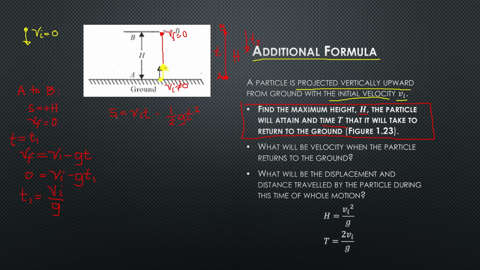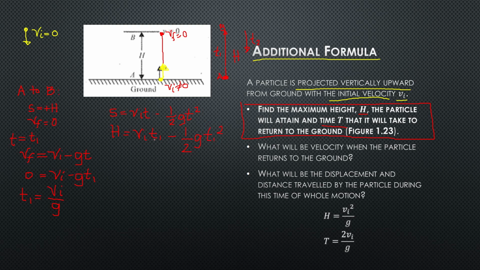So S, which is positive h, will be equal to initial velocity multiplied by time, which is t1, minus 1/2 acceleration due to gravity times t1 squared.